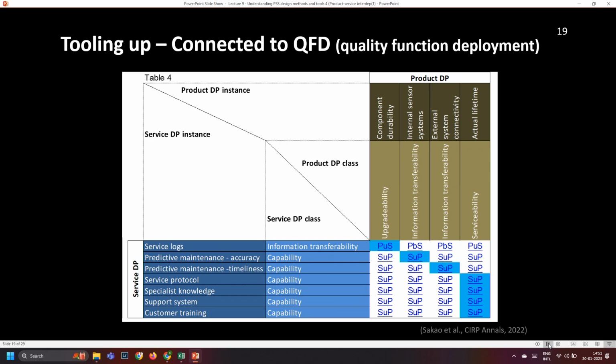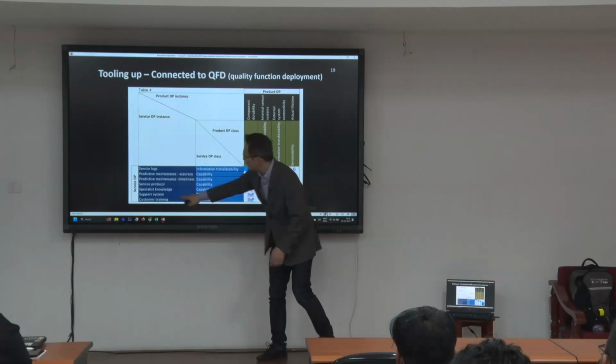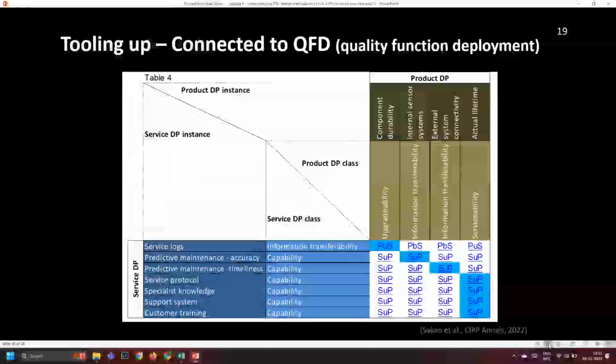Another example is customer training as a service design parameter instance. Then you should choose capability of the service design parameter class.